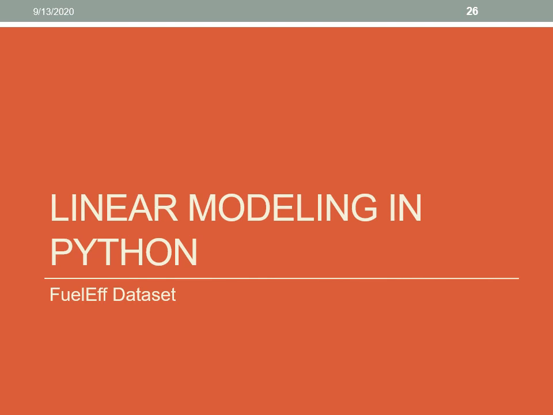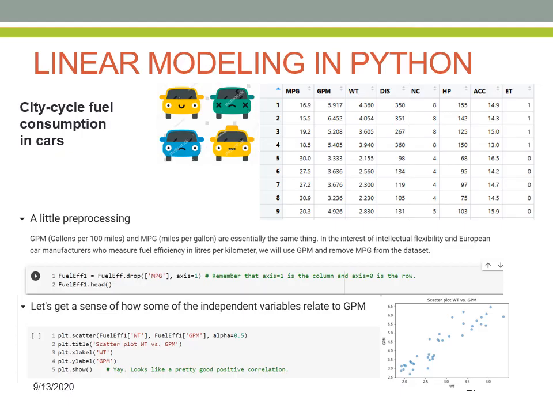Now let's see what this looks like in Python. We remember in the fuel efficiency in cars dataset that the attribute GPM, which is gallons per 100 miles, and MPG, miles per gallon, are essentially congruent, which means that we can drop one of these in order to make our processing easier and faster.